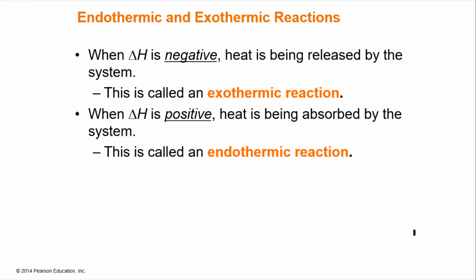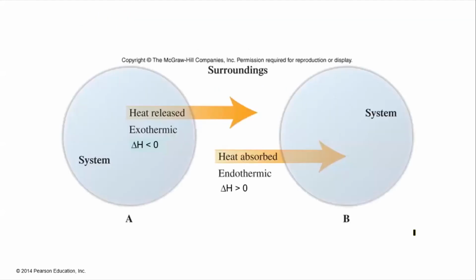All right, let's go on to the next one. Once more, this is the same diagram as before, system and surroundings. If heat is released, that's an exothermic process, and delta H is negative. If heat is absorbed by the system, that's an endothermic process, and delta H is positive.